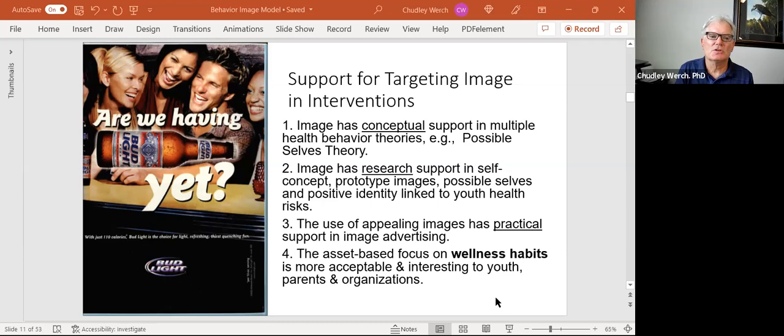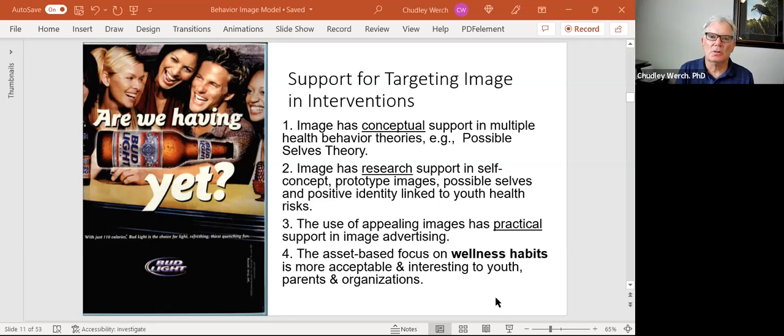They're showing how, in this particular case, this beer results in and is associated with these healthy, happy, beautiful young adults or young people.